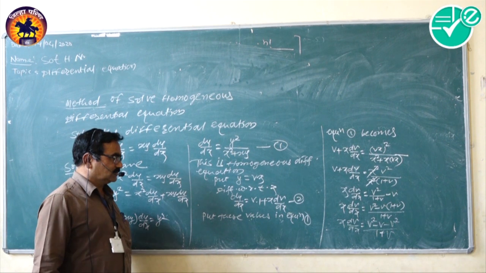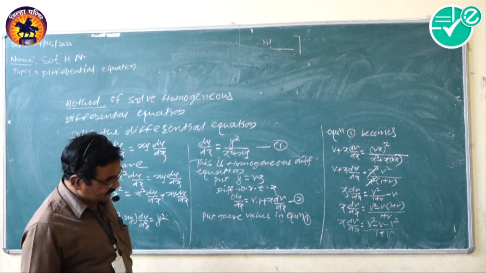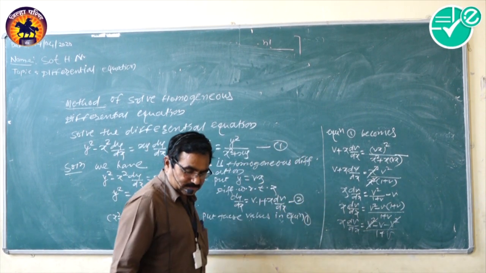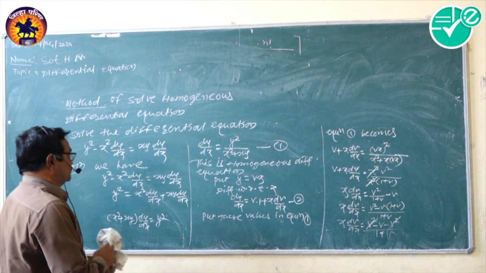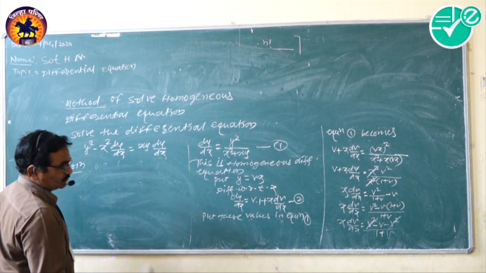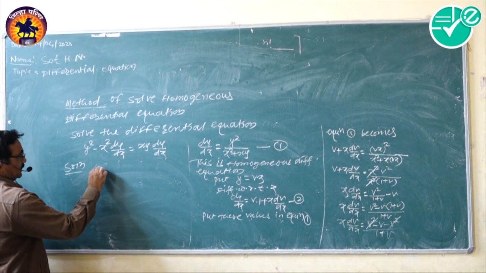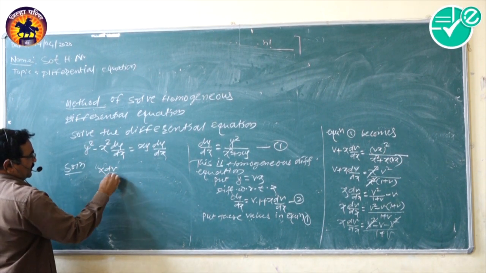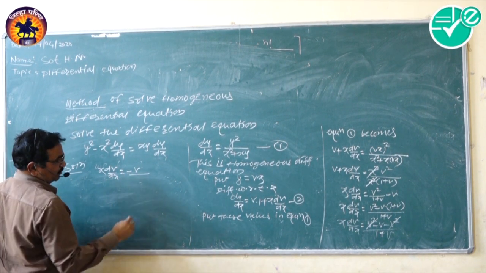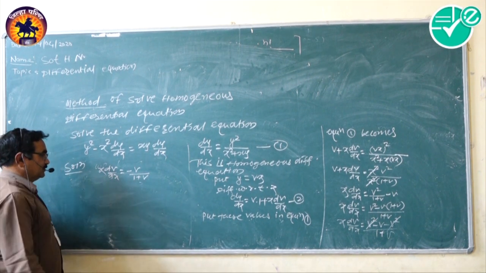In this numerator, v square gets cancelled, and this equation becomes x dv by dx is equal to minus v upon 1 plus v.